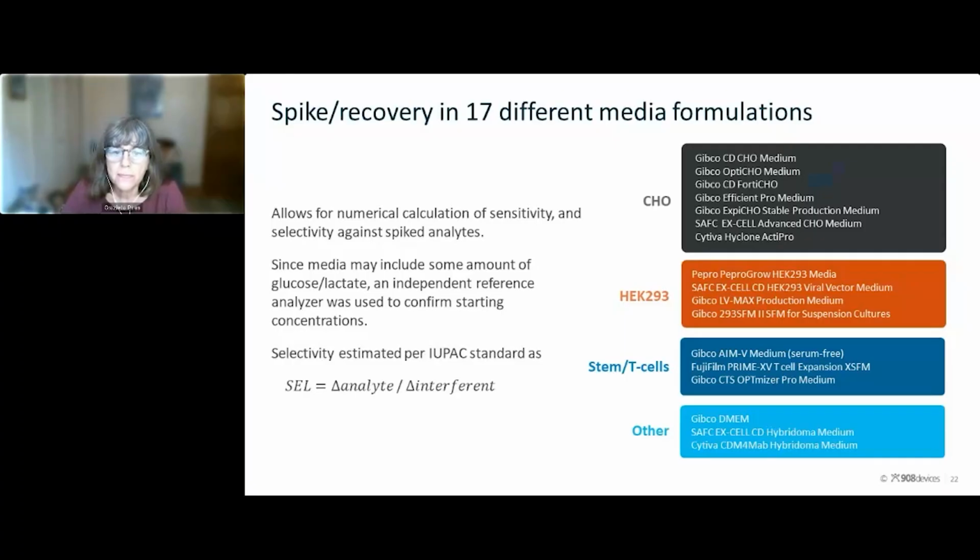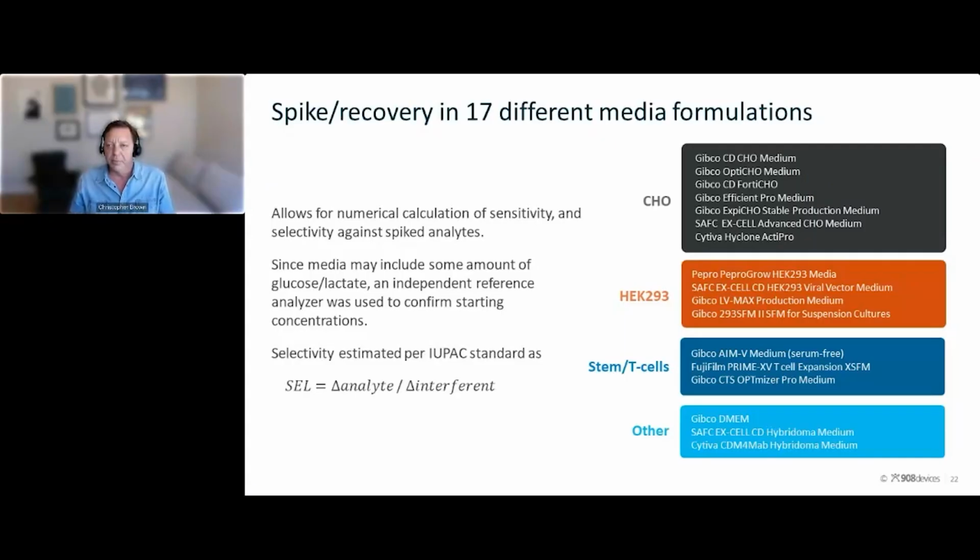Sure. Yeah, so we brought in some data, at least for the purposes of the webinar, and we'll certainly have more to share in some application notes. So one group of studies were spike recovery studies. So we've designed Maverick to work across a really wide variety of media formulations and bioprocesses. Spike recovery is, of course, a gold standard in analytical sensitivity and selectivity evaluation.